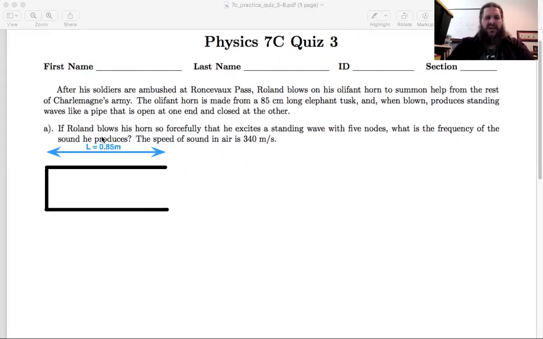And we want to produce standing waves here. He blows the horn so forcefully that he excites a standing wave with 5 nodes. And we want to know the frequency. So in a case like this, where we've got a mixed pipe with an open end and a closed end, what do we know about what's happening at those ends? What sort of point would we expect to see at the open end versus the closed end?